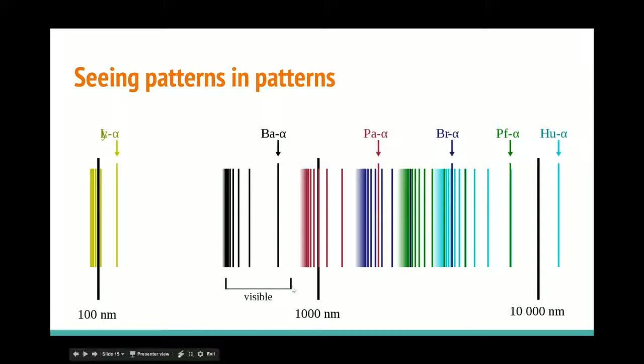This here is the visible spectrum, and if you have a spectrometer, you could look through it and you would see a series of lines from a red line down here to a yellow green, and then all the way up into blue, and progressively harder to see blue violet lines. And each of these is a series that was explored by a different scientist.